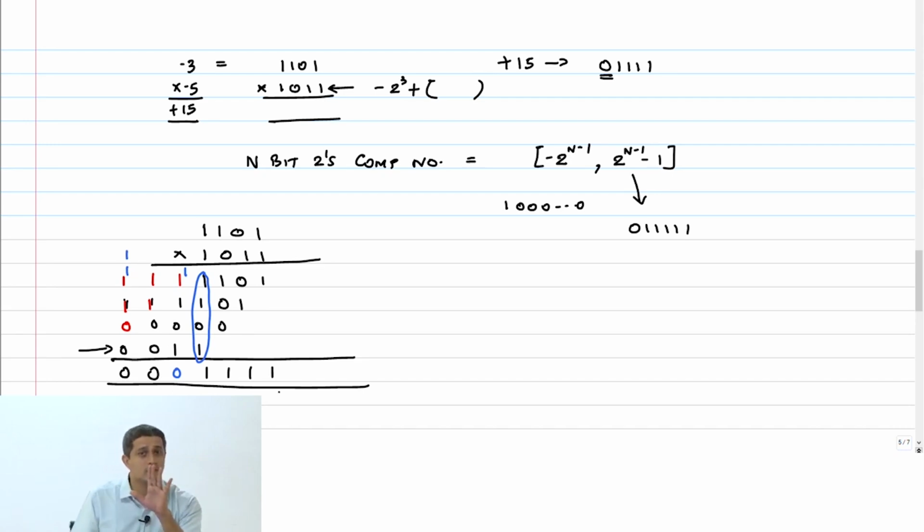Okay, now this is a very critical and a very subtle point that you have to follow. I can sign extend these numbers to how many ever bits I want, and yet my answer should be consistent. So if I tell you that the answer is 0, 1, 1, 1, or 0 followed by 4 ones, or 0, 0, 0, 0 followed by 4 ones, or any number of zeros followed by 4 ones, the answer is still plus 15.